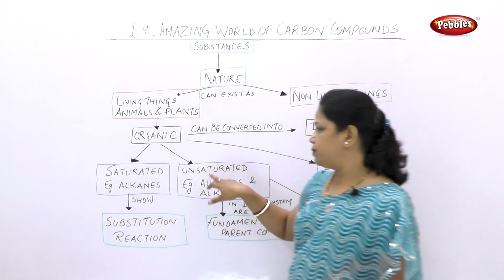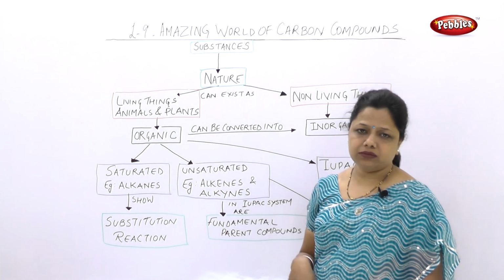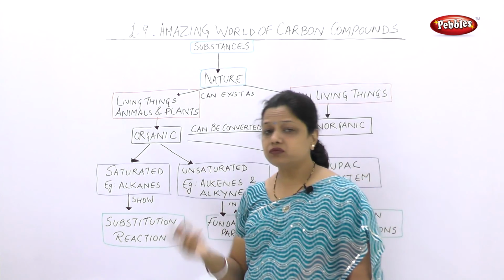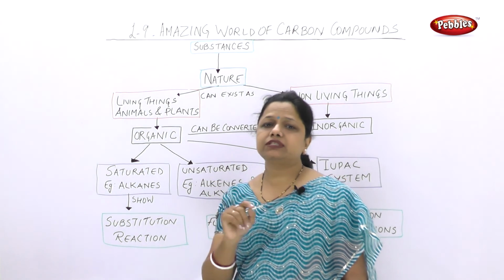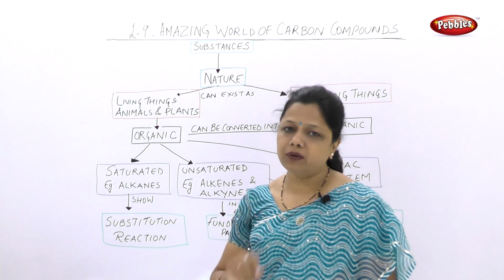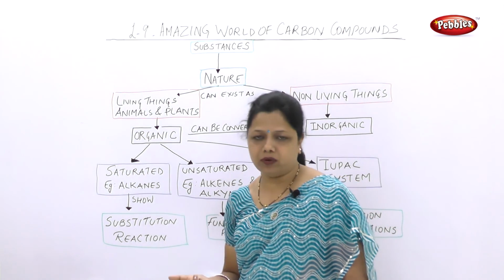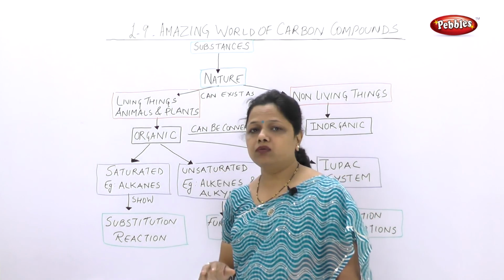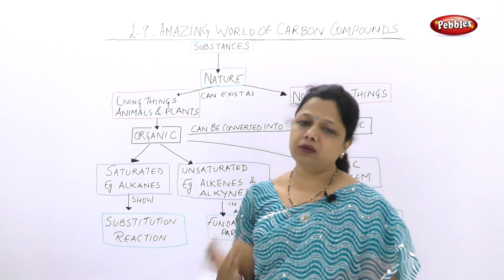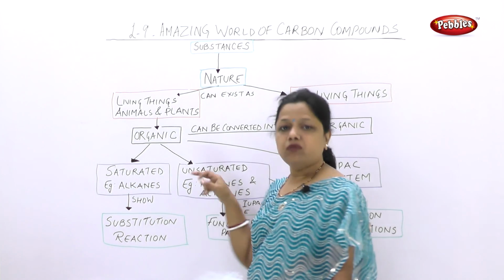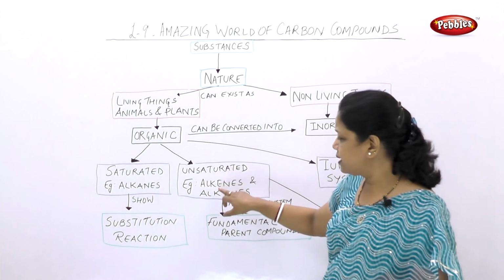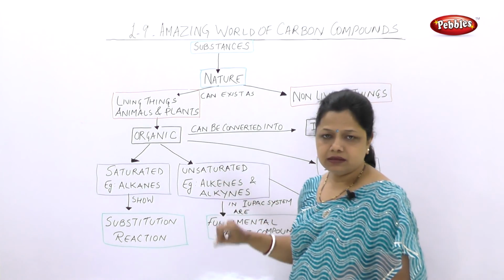Another type of organic compound is unsaturated compounds. What are they? Think. They are the compounds which contain two bonds or double bonds, or three bonds or triple bonds. So if the compound has a double bond or triple bond, it comes under unsaturated compounds. For example, alkenes and alkynes.